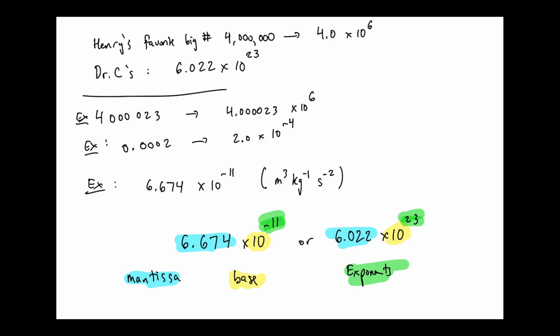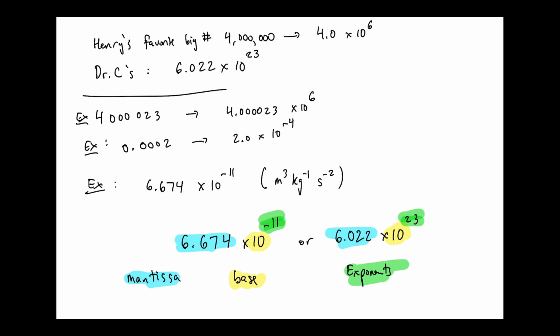Okay, and then the last thing, and it's missing in both of these examples, is that both of these examples happen to be positive numbers. I could also do this with negatives, right? So there could be a sign, plus or minus. Both of these examples happen to be plus.